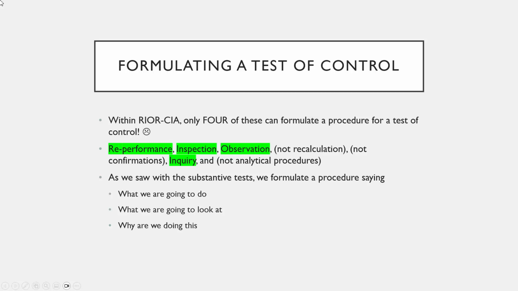What we're going to do: either reperform, inspect, observe, or inquire. What we are going to look at is the minutes of the meetings and a sample of pay slips. And why are we going to do that? To ensure that the payroll increases are reviewed and they correspond to the actual payroll increases themselves. So what's approved is what is paid out.